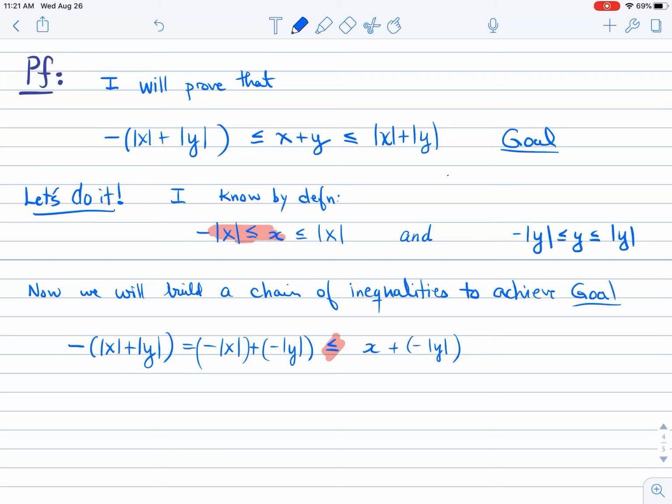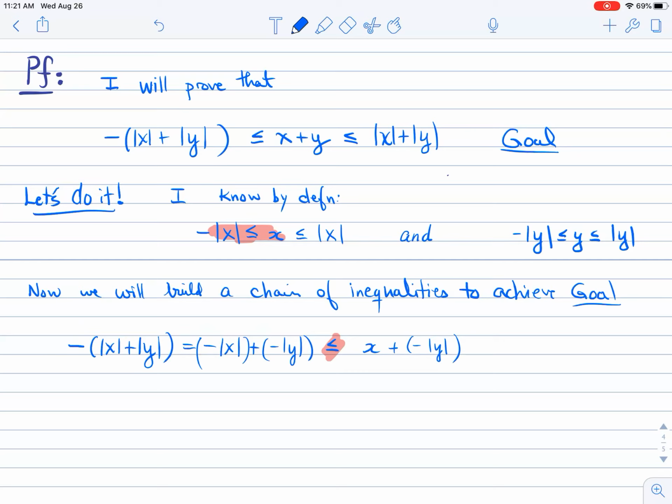One way you can think about it, if you really want to go back to the axioms, is that we took this red inequality and added negative y to both sides. I don't think we need to go into that level of detail. I think it's reasonable for the reader to look at this and say, oh, I see you've changed one thing, negative absolute value of x for an x, and that's followed by the highlighted portion.